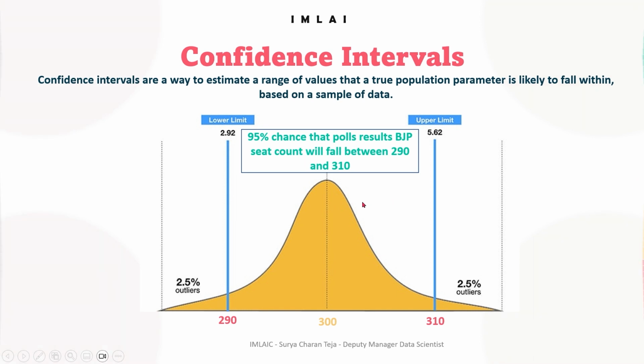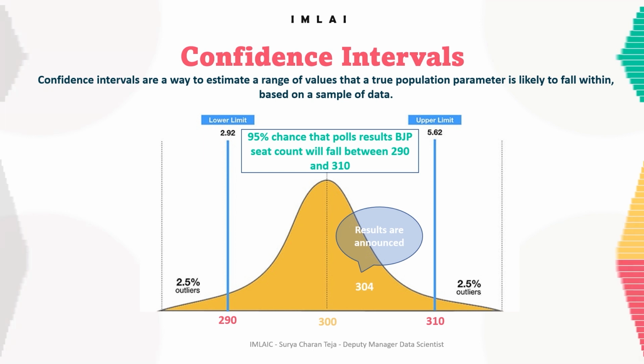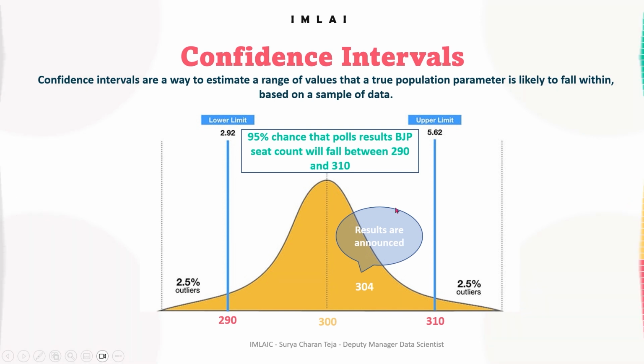Let's take this as the outcome of our exit polls, and let's imagine we are in 2024. Then the results were announced. After announcing the results, the BJP got 304 seats. This is basically a proportion.